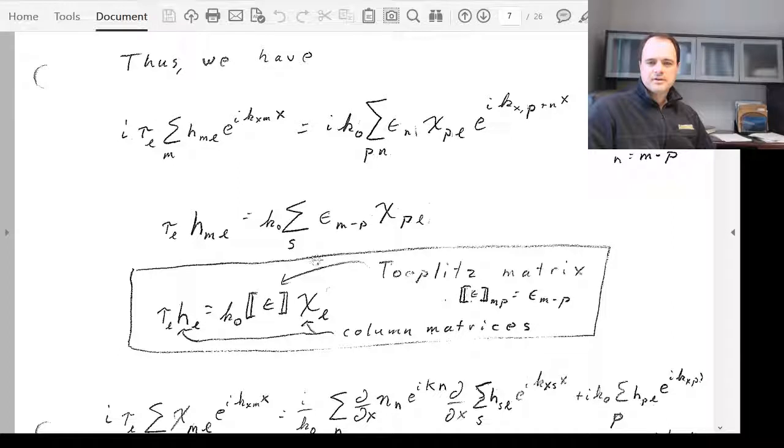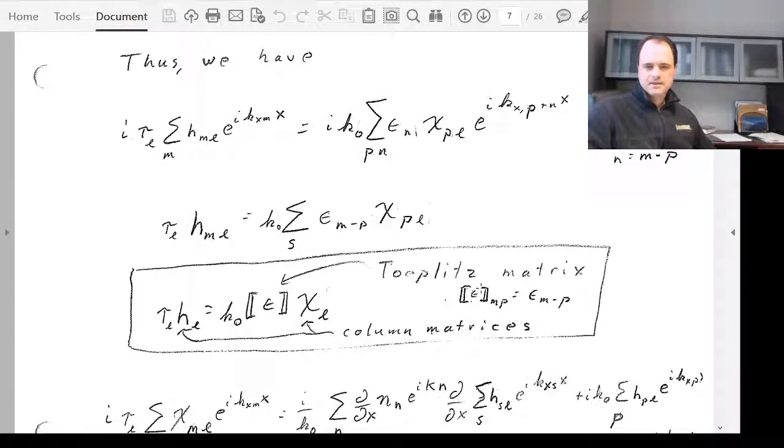When you make a matrix out of these things, where the mp element of this matrix is equal to the m minus p element of the Fourier component expansion, this is called the Toeplitz matrix.